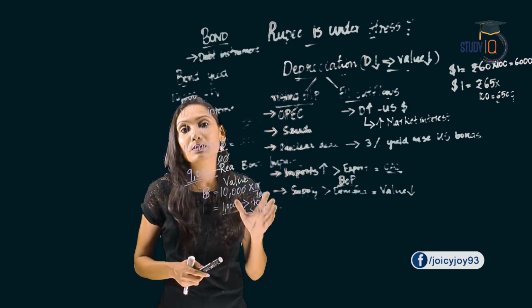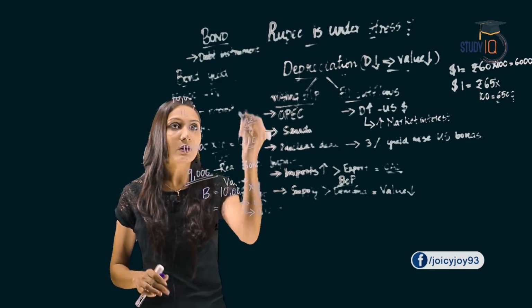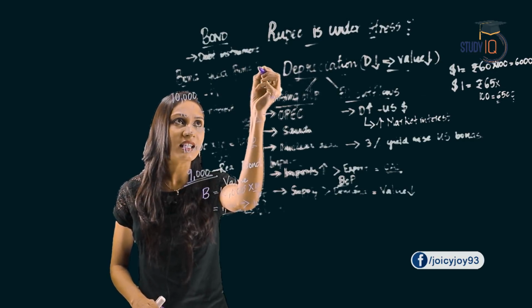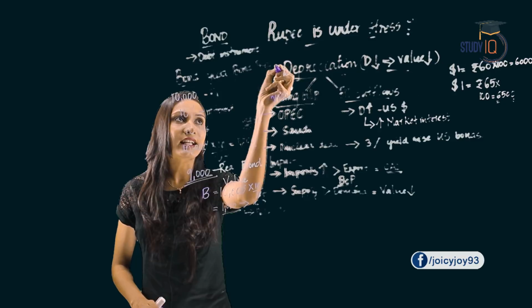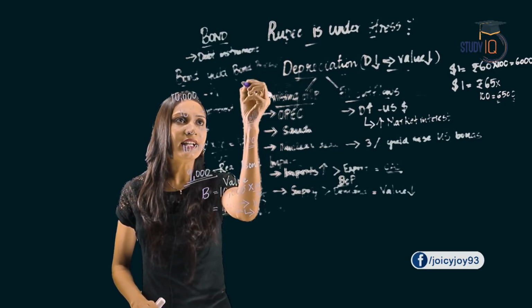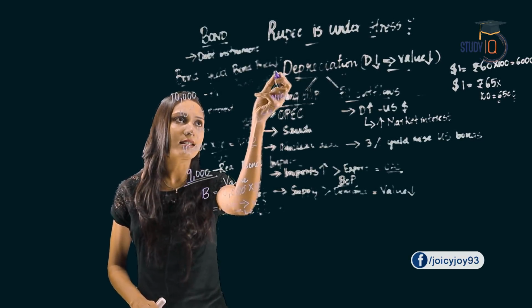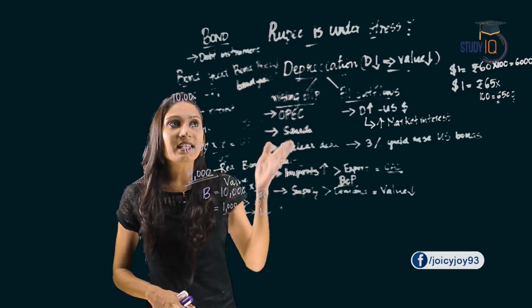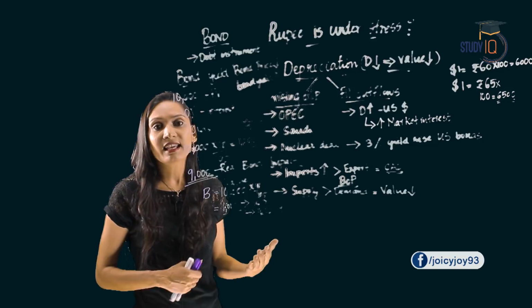Real bond value is also known as the bond price. So when bond price decreases, bond yield increases. So we understand that bond price and bond yield are inversely connected.